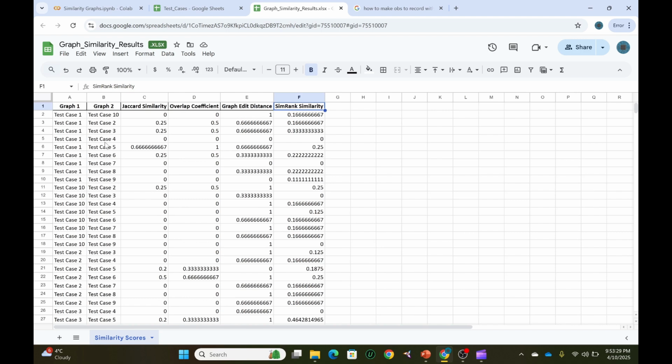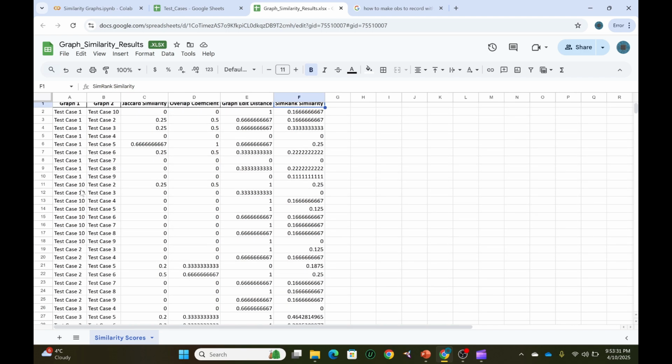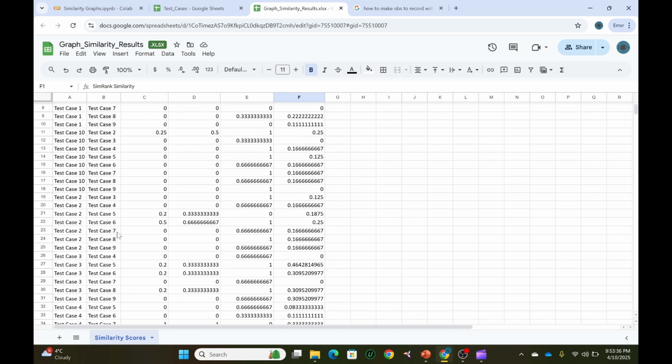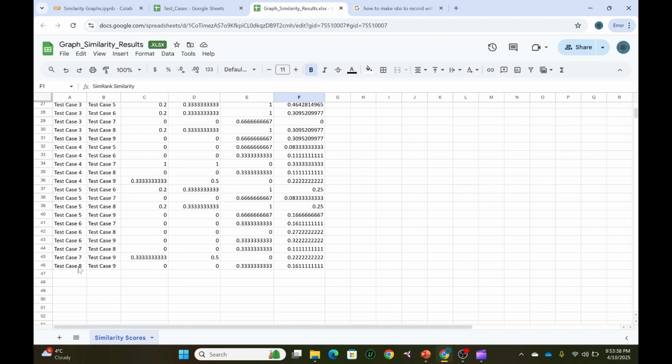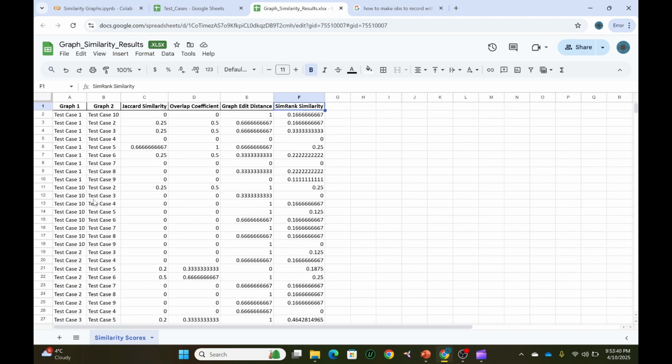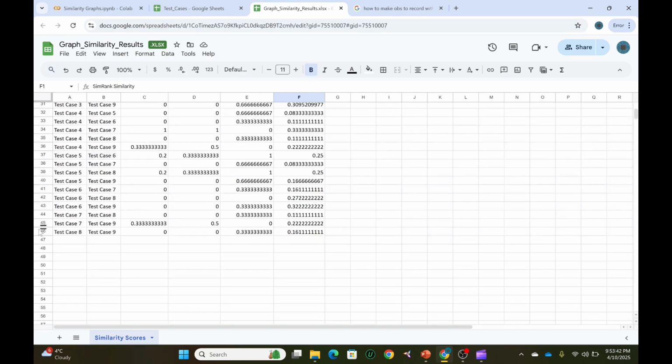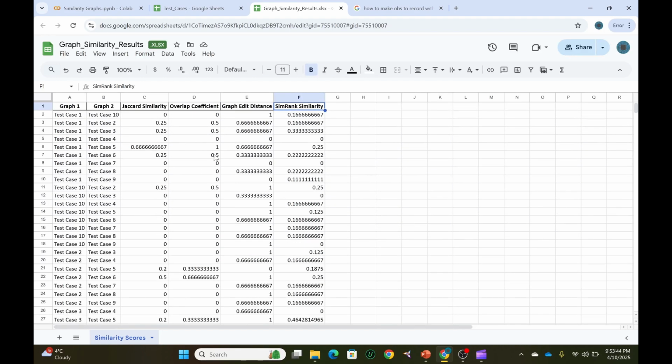Test case 1 is compared with all other 9. Test case 10 is compared with all other 9. Like that, we got 45 scores from 4 different similarity metrics.